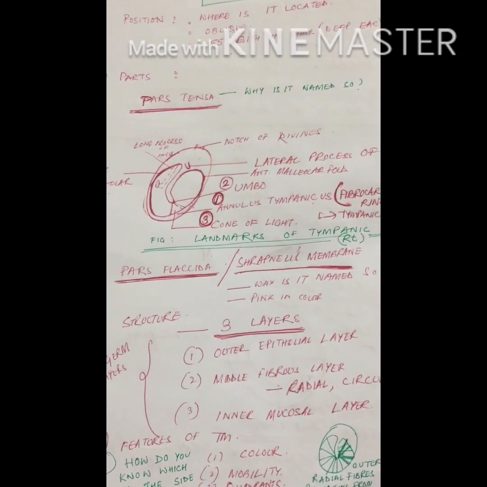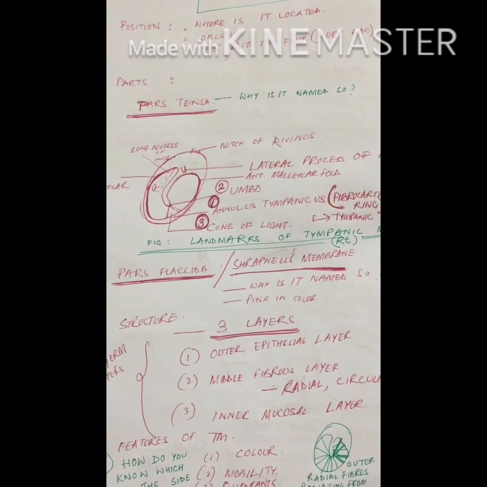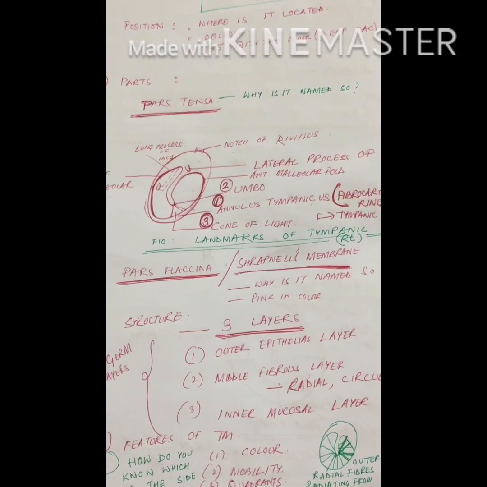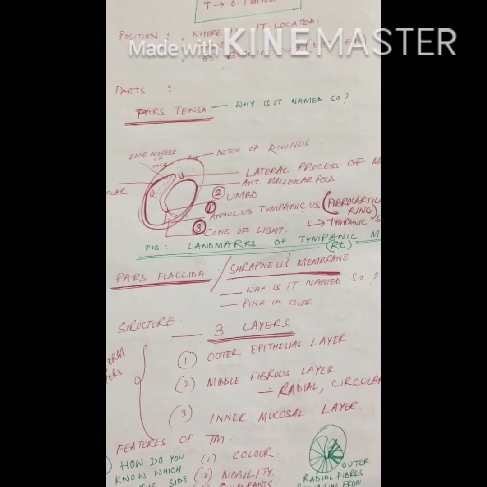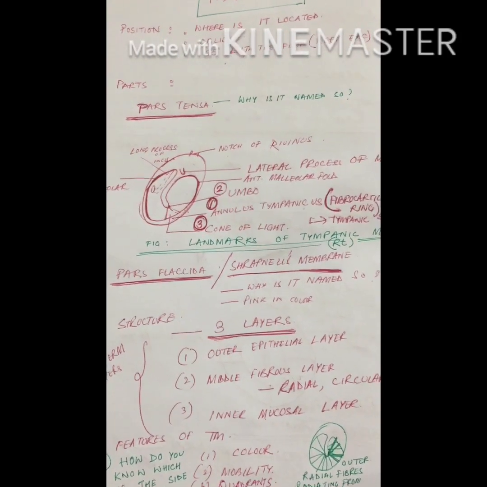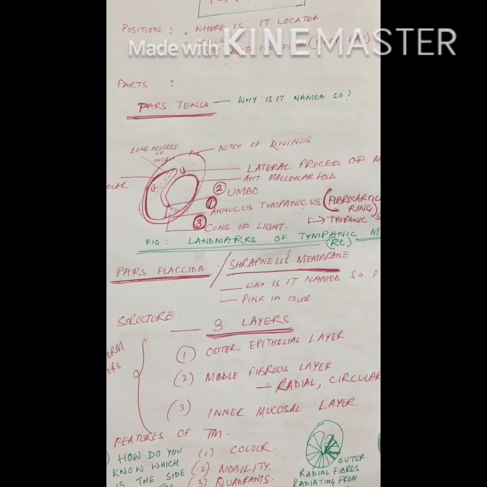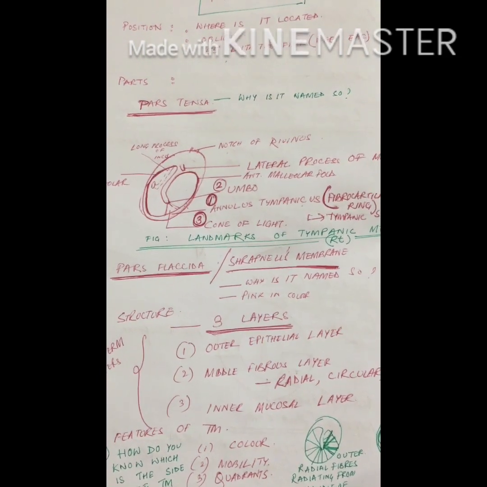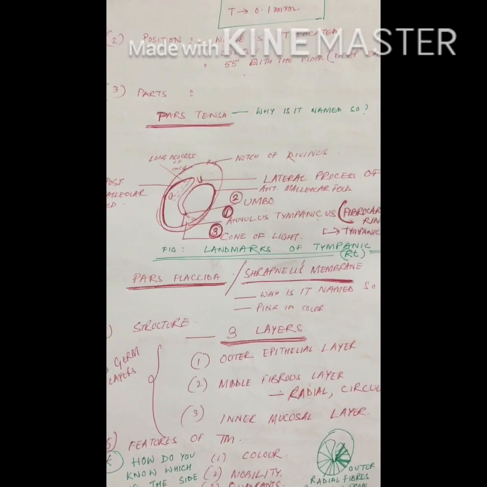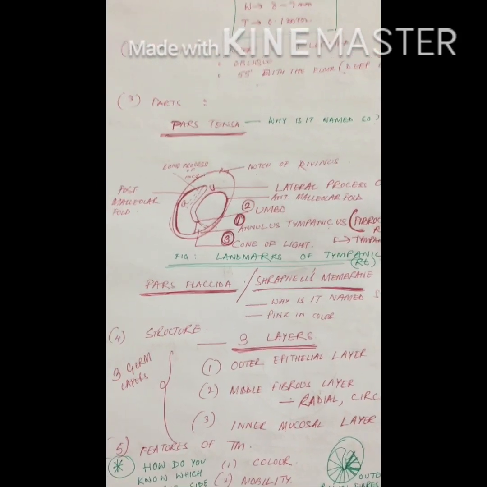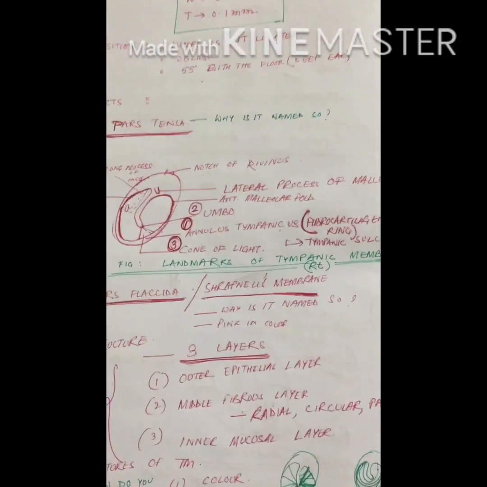So the outer epithelial layer is continuous with the skin of the external auditory canal. The inner mucosal layer is continuous with the mucosa of the middle ear. The middle fibrous layer consists of three different fibers: radial fibers, circular fibers and parabolic fibers.